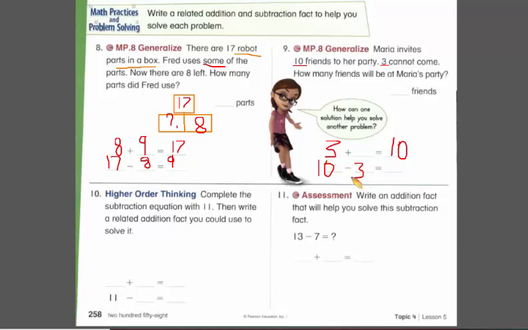So how many friends will not be able to come? 3 plus how many equals 10? I will count on after 3 to reach 10: 4, 5, 6, 7, 8, 9, 10. How many more? 7. So 7 friends will not come. And here we know how many parts: we said 9.